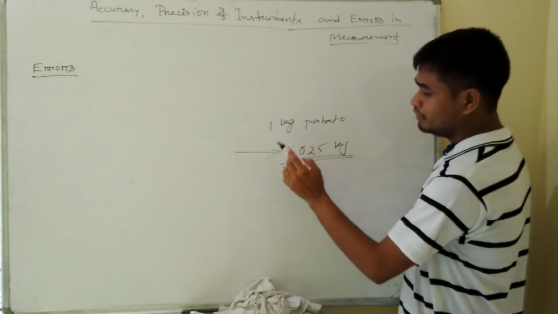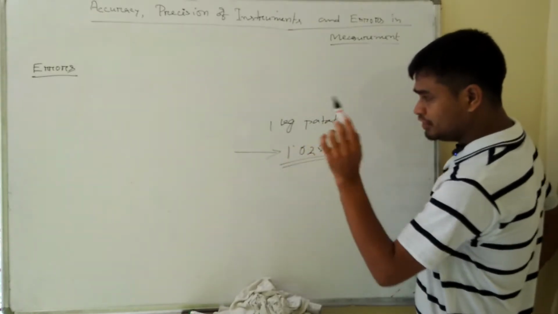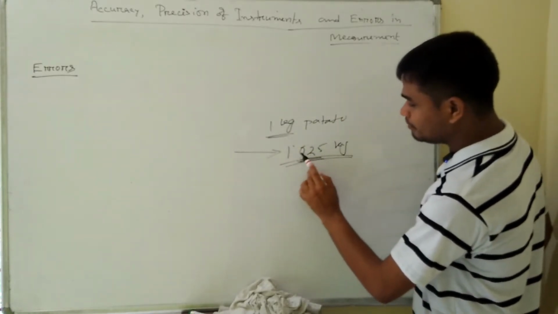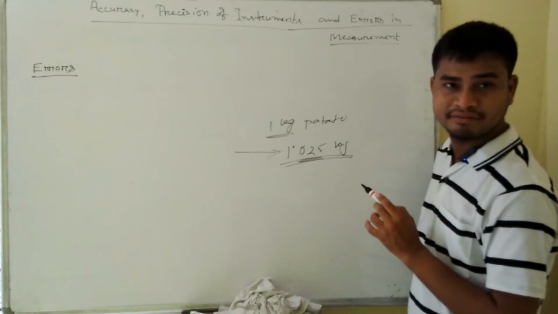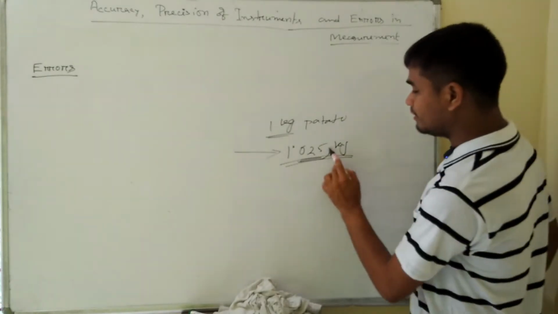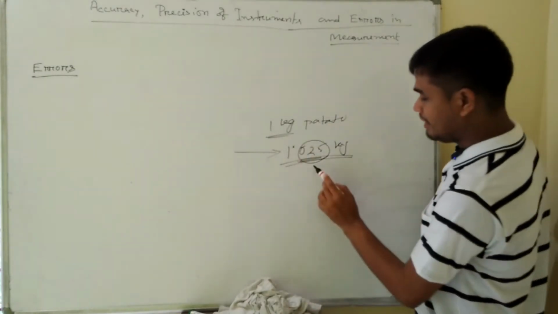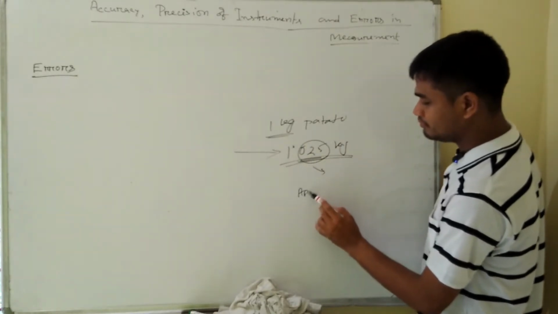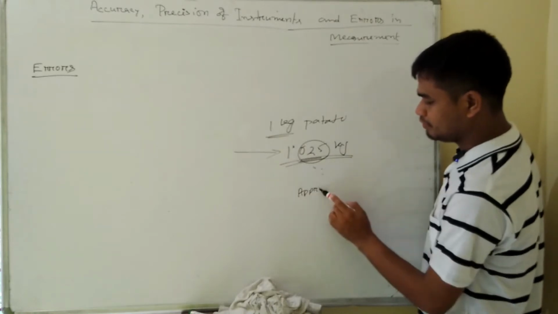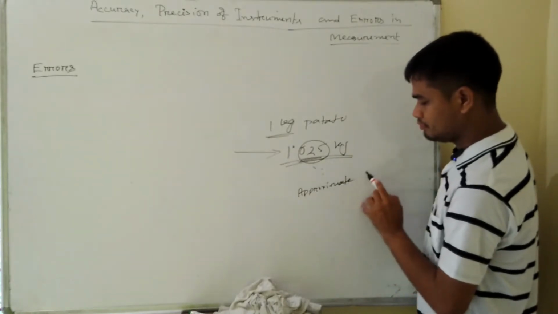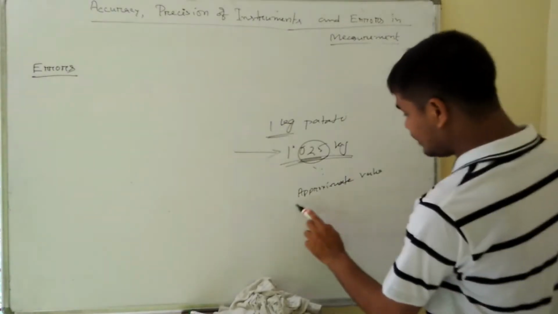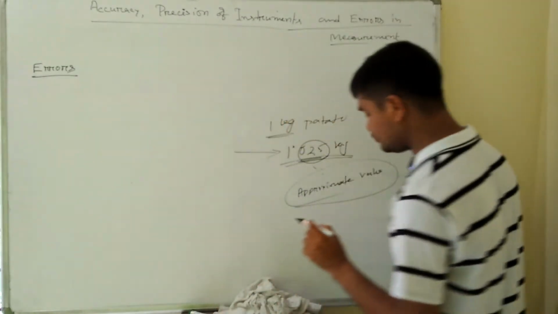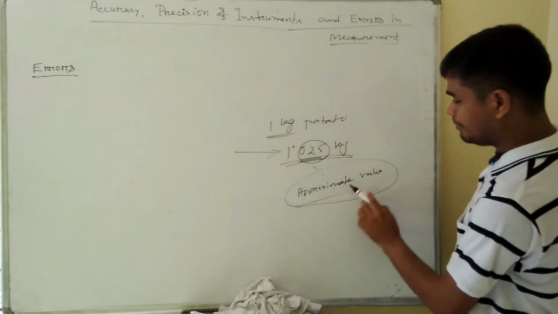You want 1 kg, but you are given 1.025. This we will call an approximate value, and this approximate value is due to error.